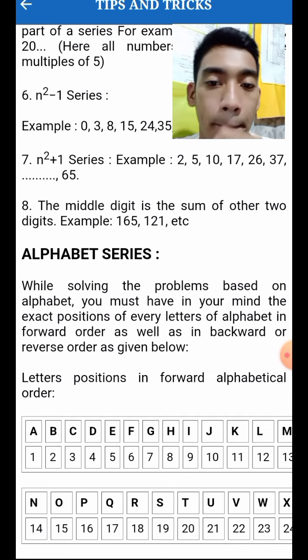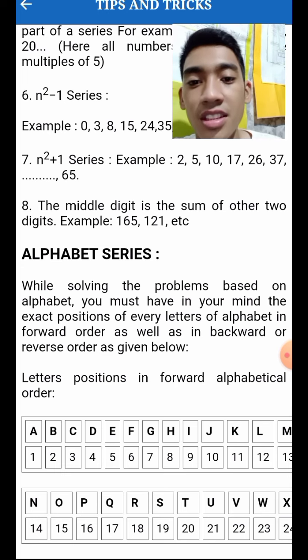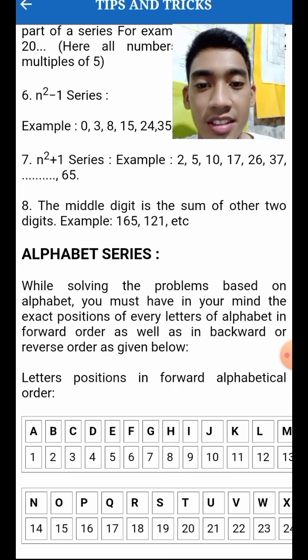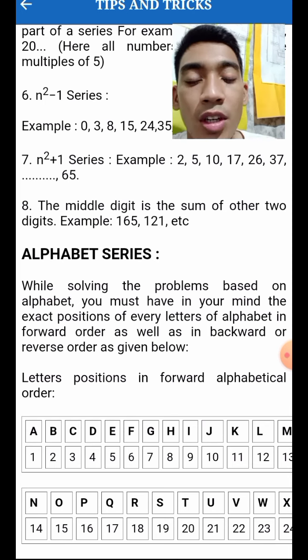Next, the middle digit is the sum of the other two digits. Example, 165.